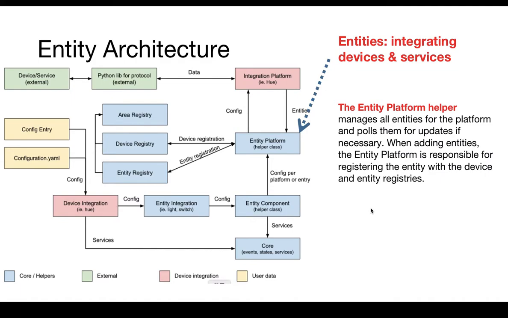The entity platform helper manages all entities for the platform and polls them for updating if necessary. When adding entities, the entity platform is responsible for registering the entity with the device and the entity registries.